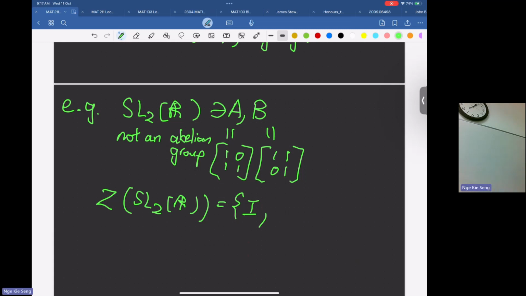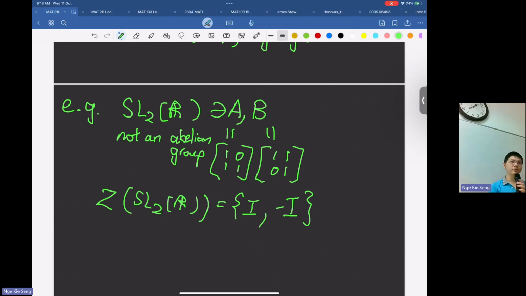Inverse of an identity is what? The identity. Minus identity. Okay. Minus identity, minus one on the diagonal, you still get determinant one.